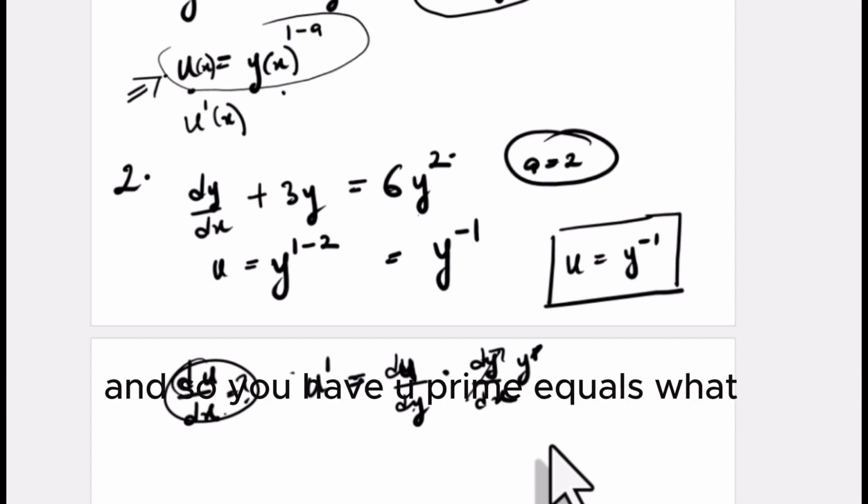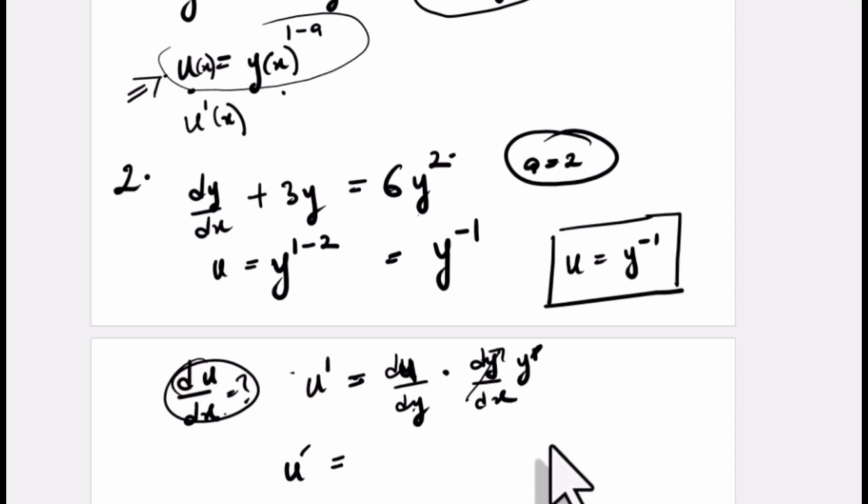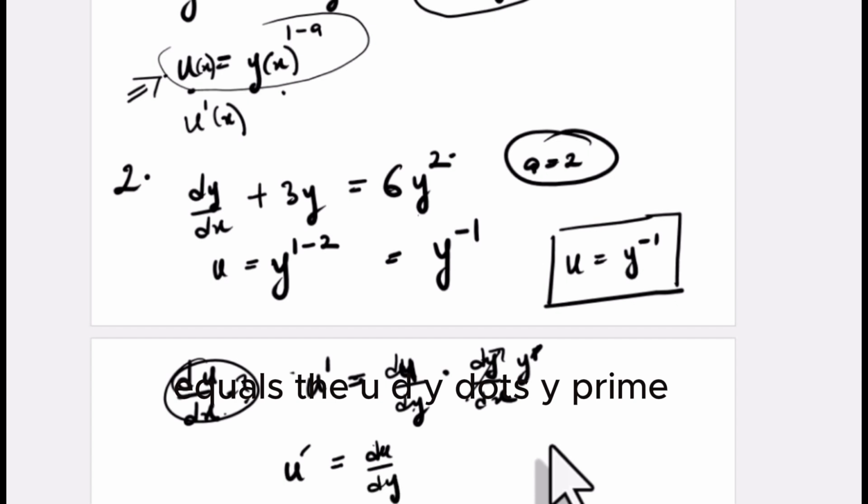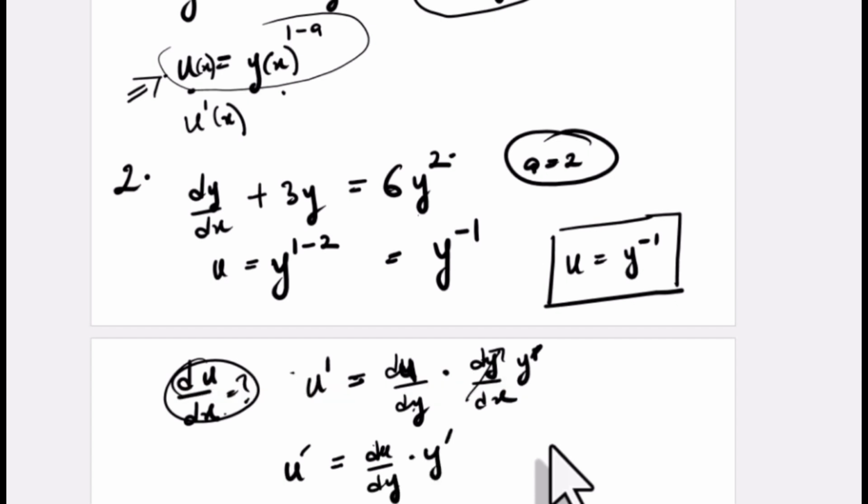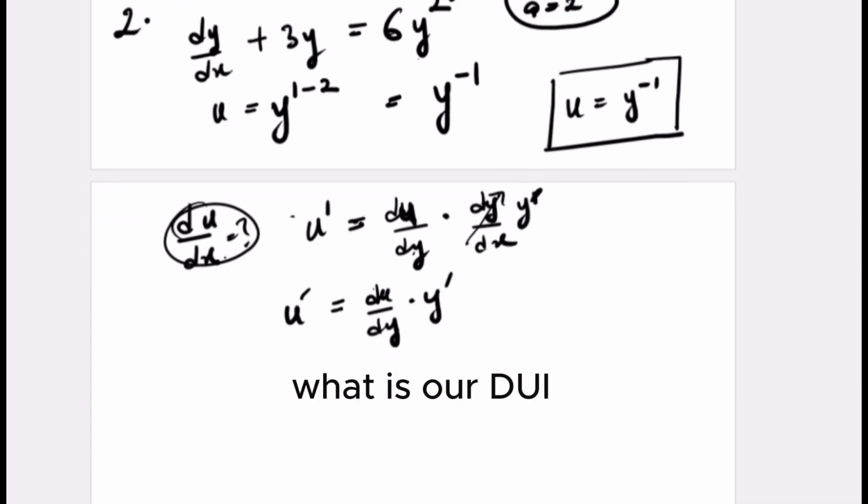And so you have u prime equals du/dy dot y prime. What is our du/dy?